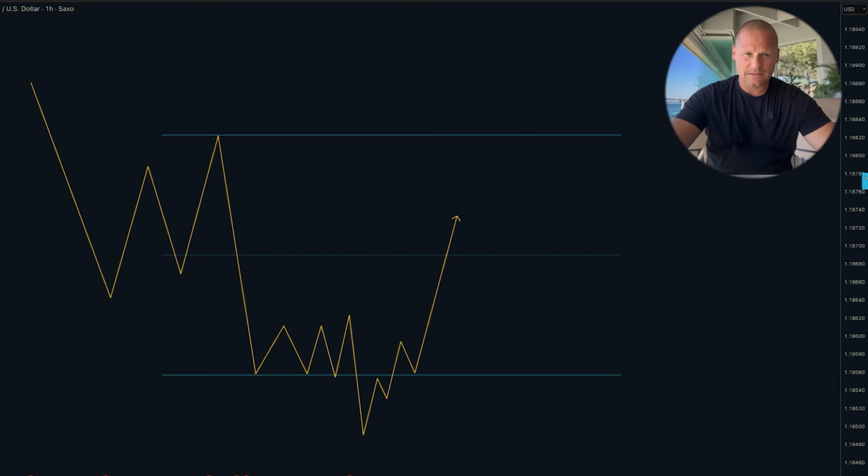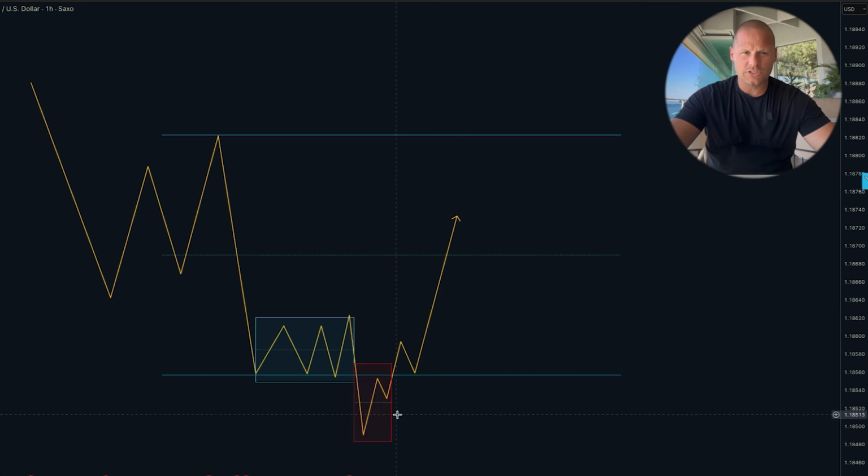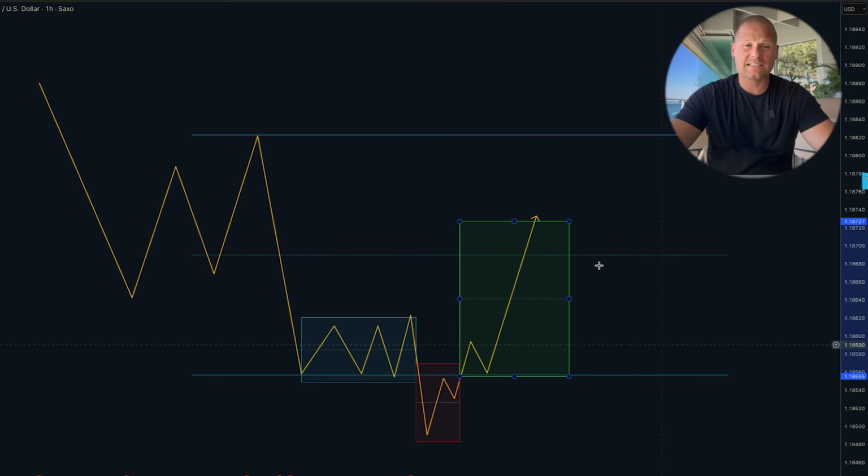So there are these three phases. Again, it's accumulation, right? It's a manipulation phase, and then we have a distribution, right? I'm going to highlight it like this, and you will see the reason why I'm drawing this for you, because I will tell you right now quite good information, right? And let's make this one a distribution, right?